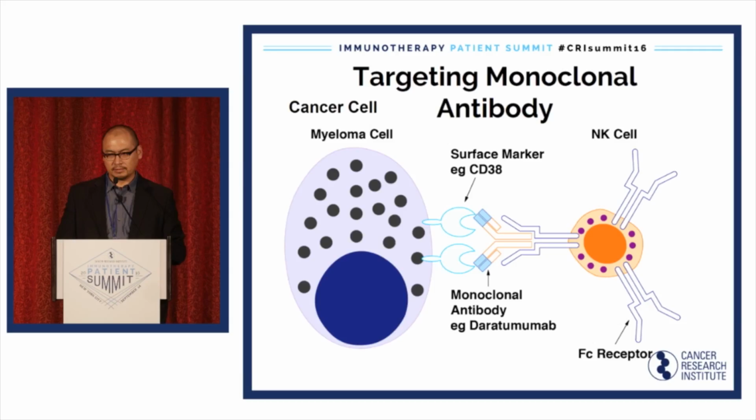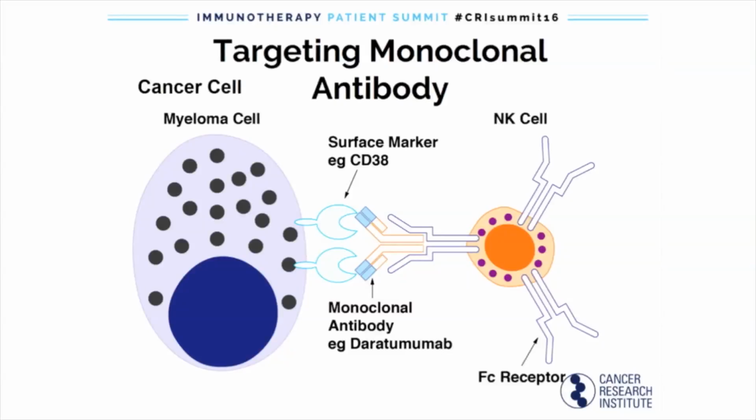So targeted monoclonal antibodies are targeted against surface proteins that are expressed in tumor cells. So in my field, multiple myeloma, myeloma cells, which are cancers of the immune system, they express a marker on their surface called CD38. And there's a lot of interest now. There's an FDA-approved antibody called daratumumab, which recognizes CD38.